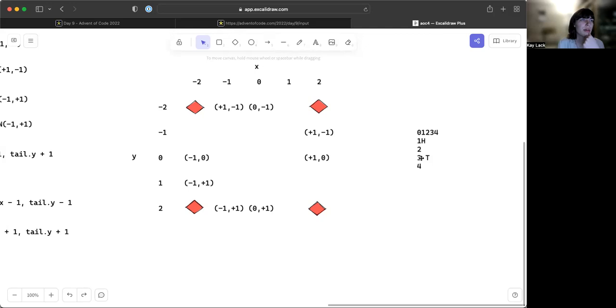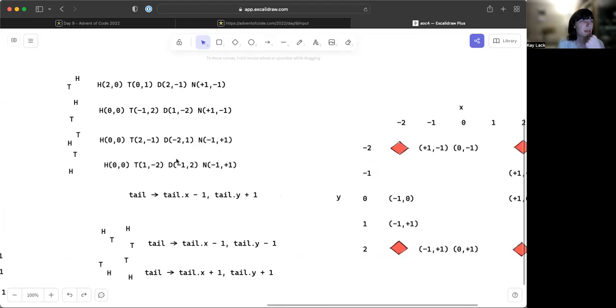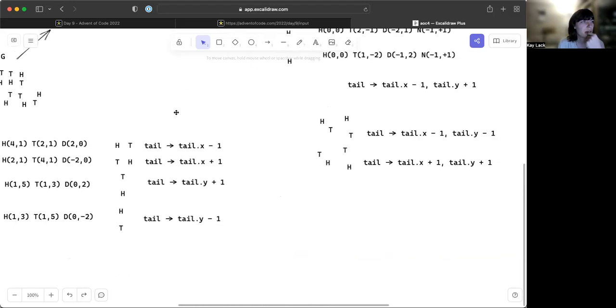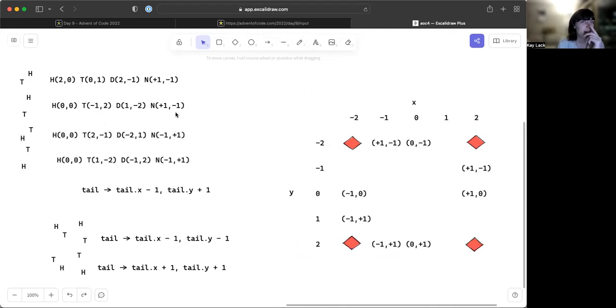No, I've got that wrong. What is this actually, this case? -1, -2. I've not actually generated that case at all. That's wrong. Yeah, see, that's out of place.